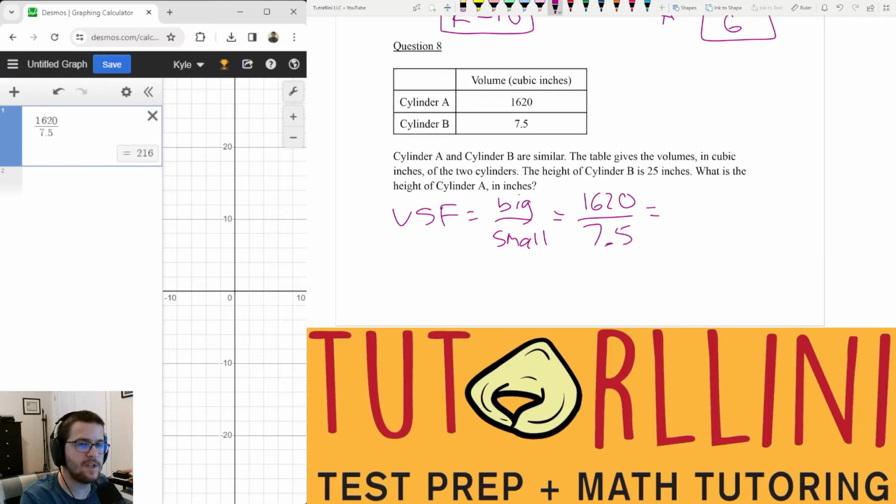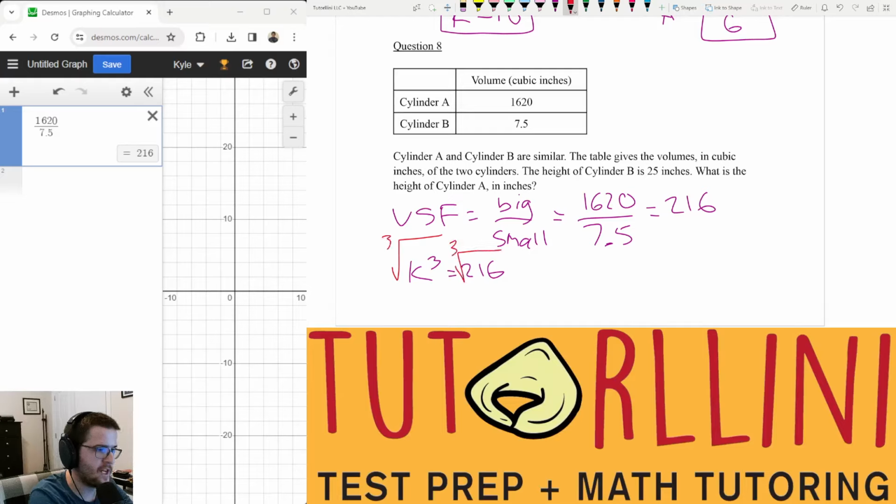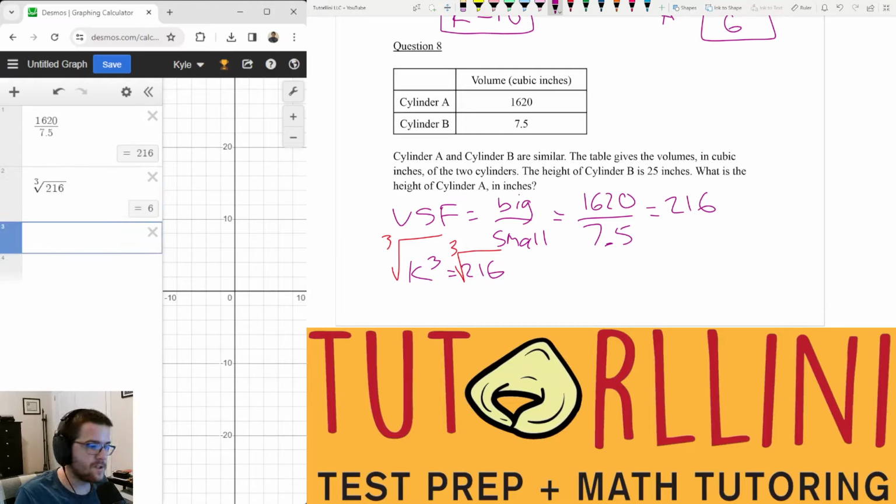I get 216. And then remember, the volume scale factor is equal to K cubed. So we are once again going to take the cube root of both sides to find K. I'm still not even sure if K is what we want. We might want K squared, but let's just find K just because that'll help. So we're going to do the cube root, CBRT 216. And we get 6. So K is equal to 6.